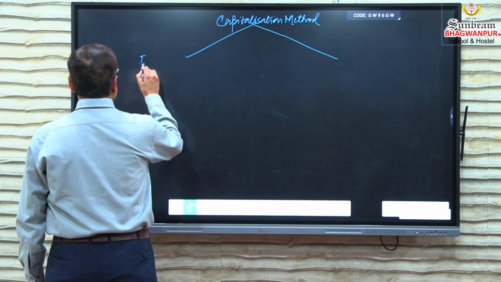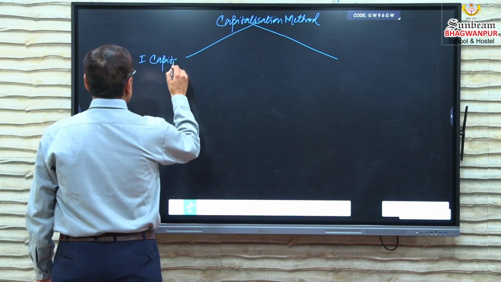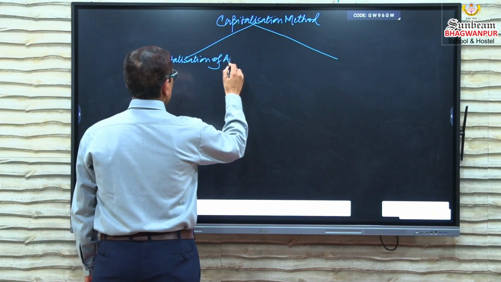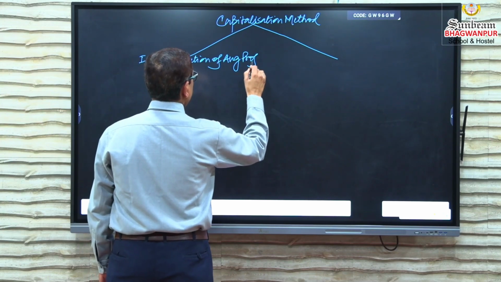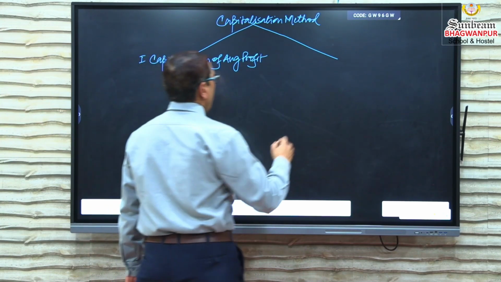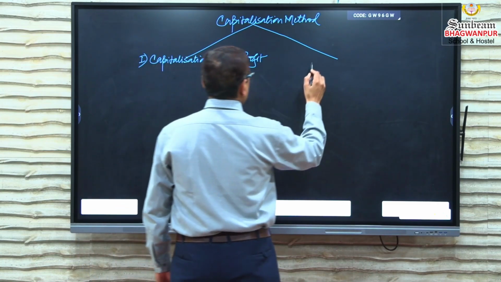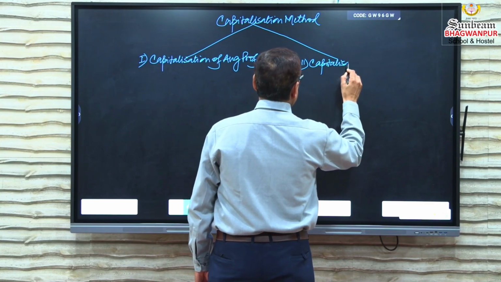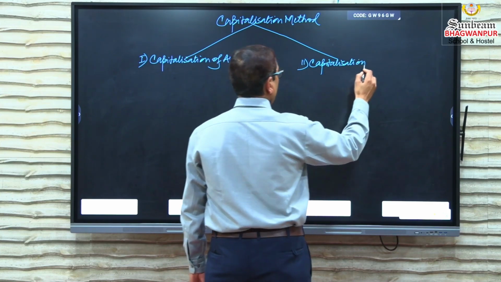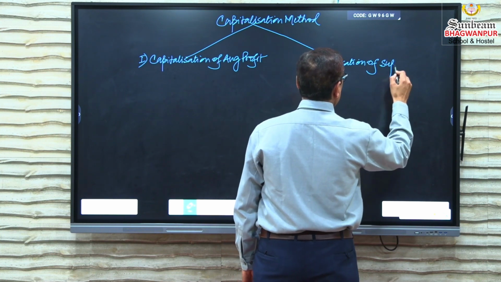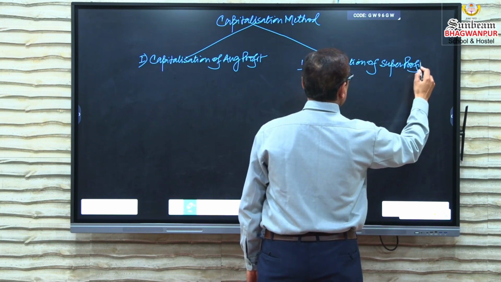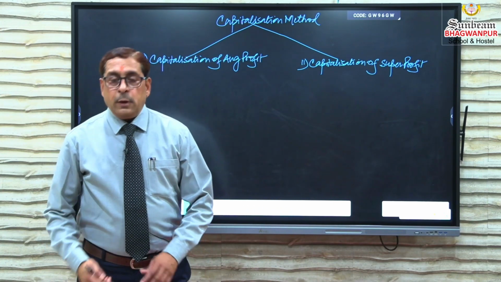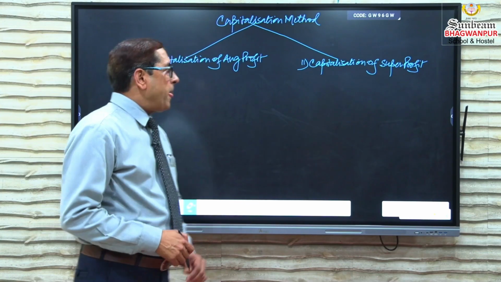The first one is capitalization of average profit, and second, capitalization of super profit. Capitalization of average profit and capitalization of super profit.